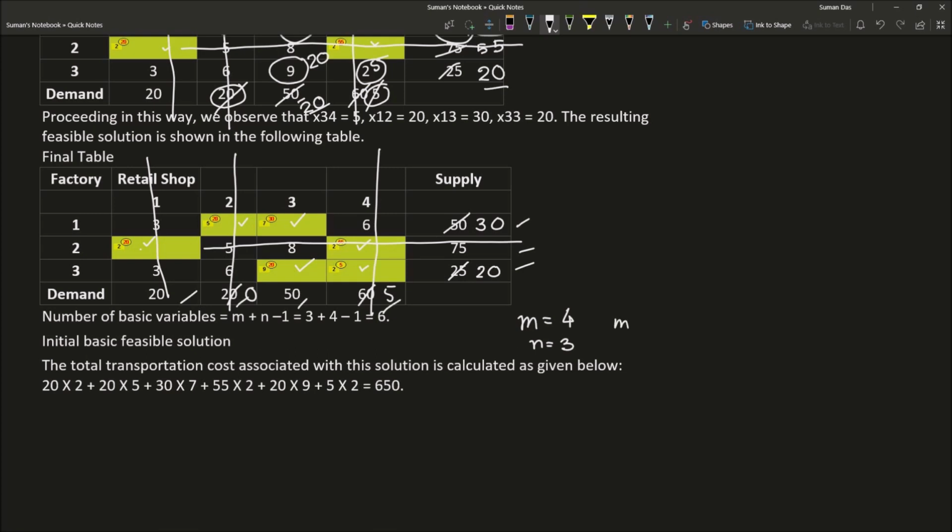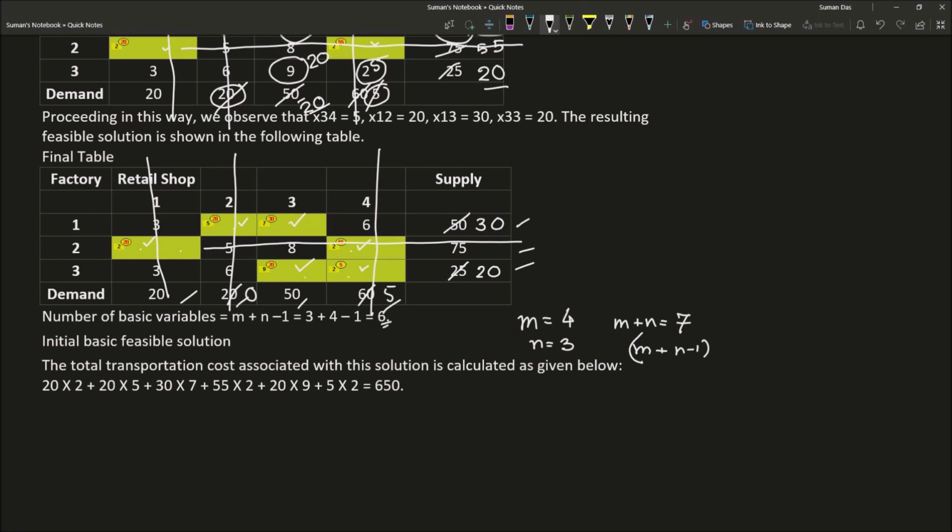So M plus N is equal to 7, but the total number of basic variables must be equal to M plus N minus 1, and that is 6: 1, 2, 3, 4, 5 and 6.